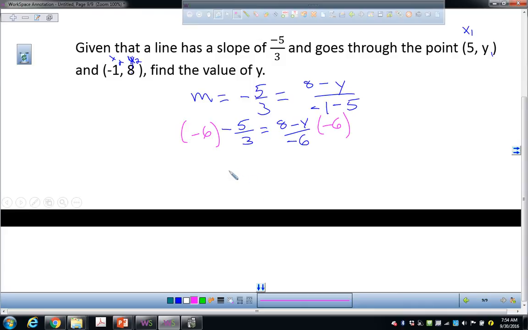What's 30 divided by 3? 10 equals, those cancel out, 8 minus y. So y equals, bring it over to that side, -2. I'm not going to do the algebra there, but that's the answer. y equals -2. That's about as tricky as it gets.